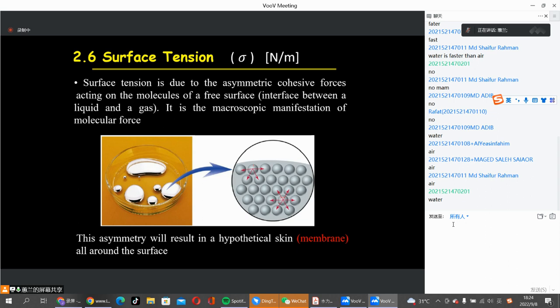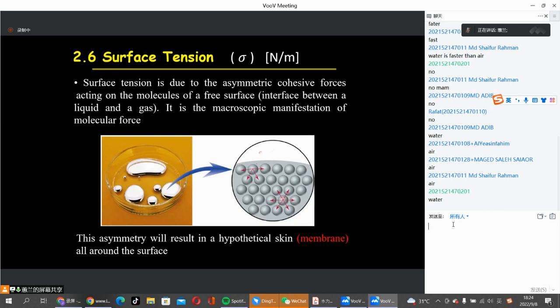However, for the molecules of the free surface, this is an interface. We have a density variation between the liquid and the gas, a property discontinuity. So a molecule gets the molecular force from the inner molecules, and the attraction force from the air molecules is quite small.